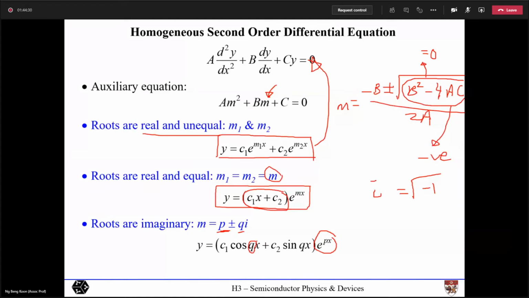You have c1 cos qx plus c2 sin qx. So these are the three possible solutions that you will get if you solve this second order differential equation. These are the approaches to solve the second order differential equation.